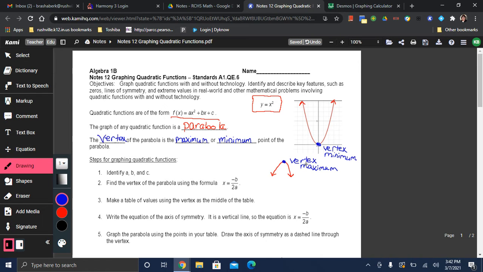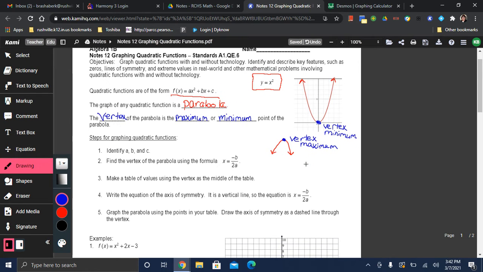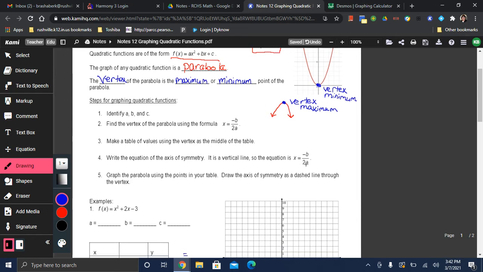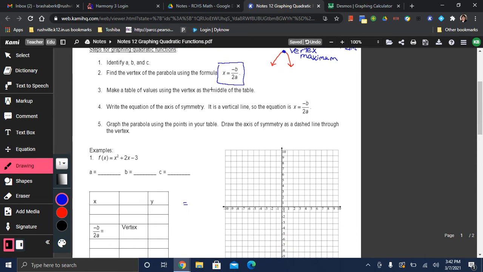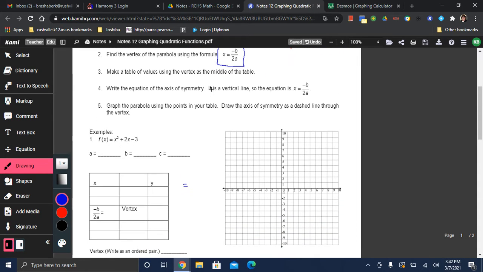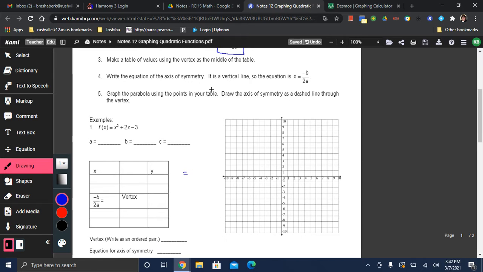So to graph, we're going to identify the a, b, and c as we've done with factoring. We're going to use a formula to help us find the x value of the vertex. And that formula is x equals negative b over 2a. We're going to make a table of values, and we'll talk more about how to do that.